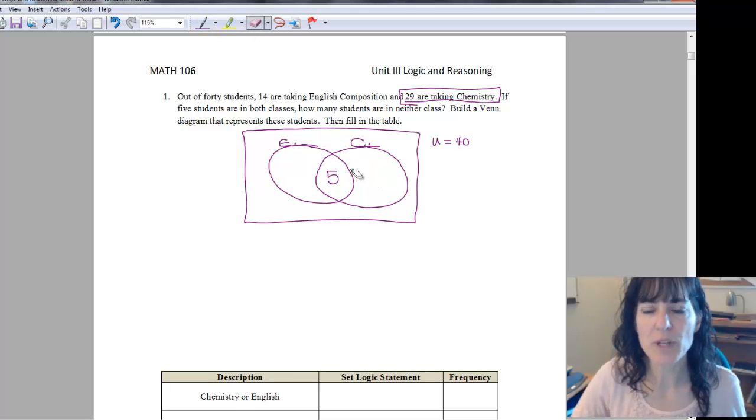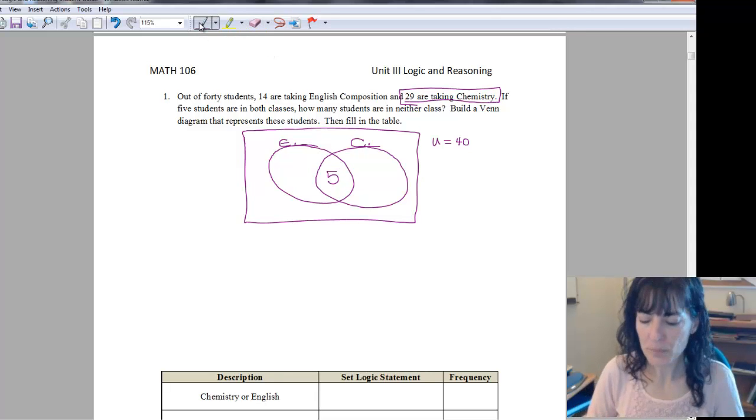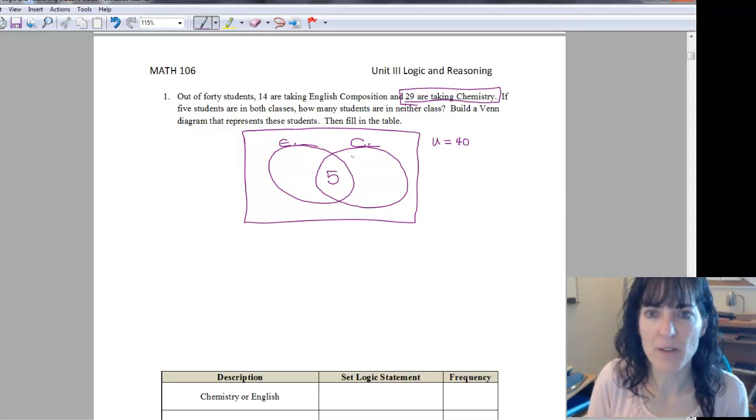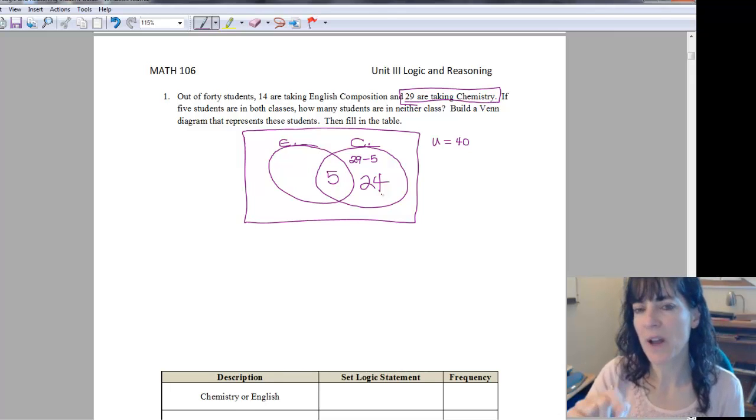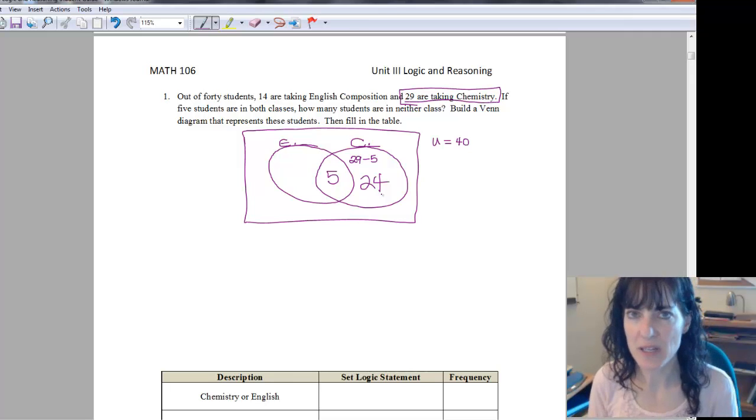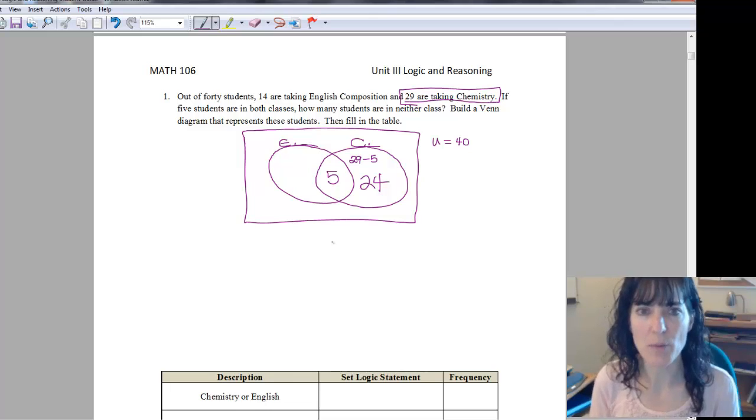So we have to reduce this a little bit to make it fit the description up above. So we'll do 29 minus 5, or 24 students just taking chemistry. 5 other students are taking chemistry and English at the same time. So 24 plus 5 gives me the 29 that was described above.